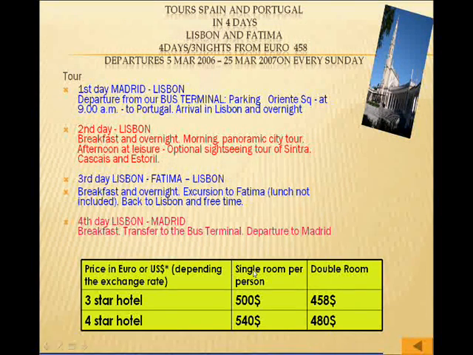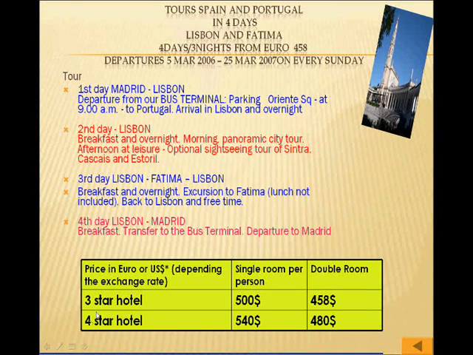Again, if it is the price for the hotels, then you have single room and double room. Single, when we have one person, which is here per person, and double room when we have two people, okay? So there are two types of hotels. 3-star hotel and 4-star hotel.